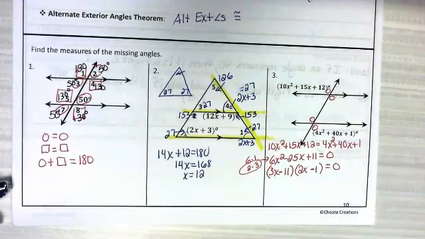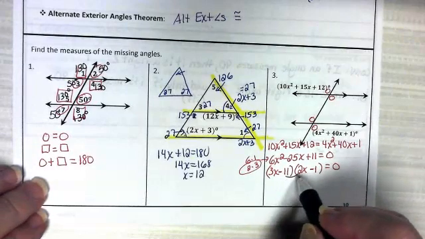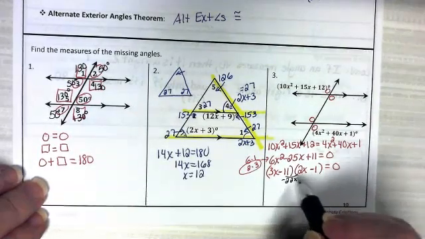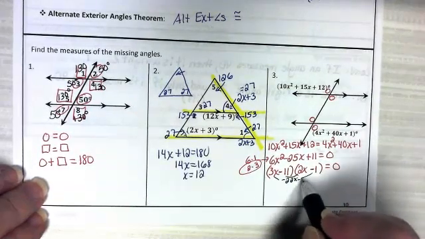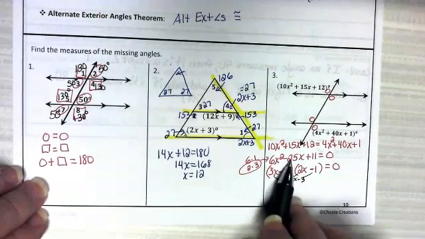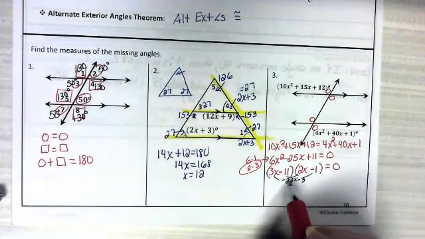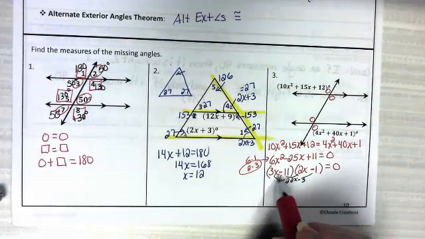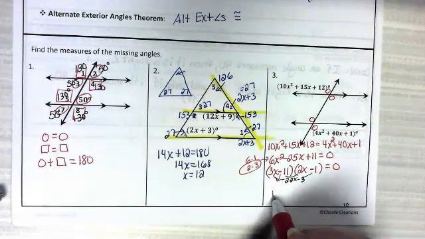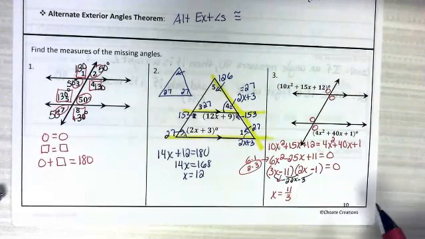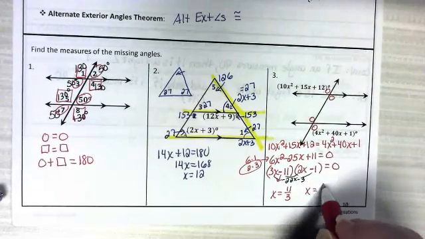When we check our inner and outer, this is negative 22, and this is negative 3. And that adds up to negative 25. So for my answers, set each one equal to 0. What makes 3x minus 11 equal 0? 11 over 3. What makes 2x minus 1 equal to 0? 1/2.